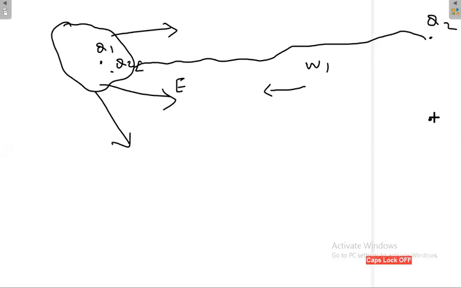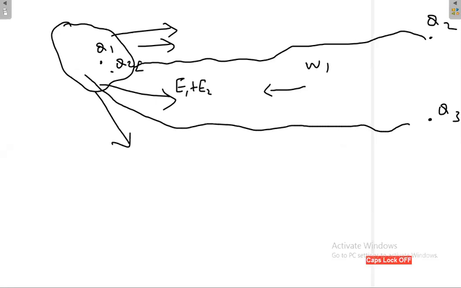And now one q3 charge I am having. Now the electric field is due to not only q1 but also q2, because here there are two charges. Definitely the electric field will be high, something like E1 plus E2. Now when I am bringing the charge q3 here and want to keep it here, definitely I have to spend some energy. I have to do work against both electric fields E1 and E2.